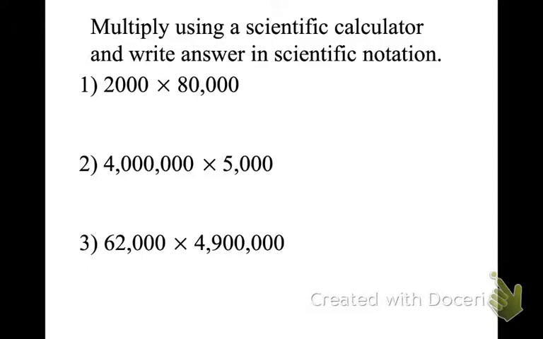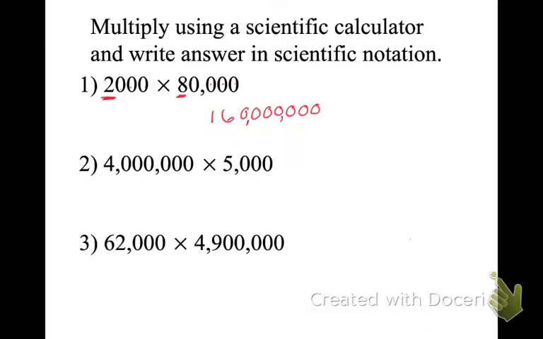So we're multiplying 2 times 8 is 16, and then we can count. This is pretty easy because when you have all these zeros, we can just multiply 2 times 8. That's 16, and how many zeros is that? 1, 2, 3, 4, 5, 6, 7.